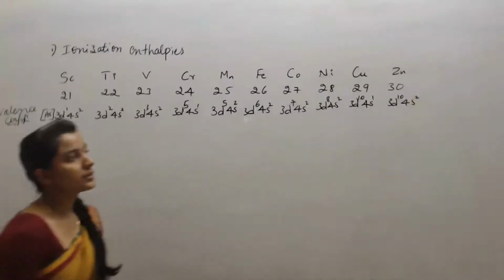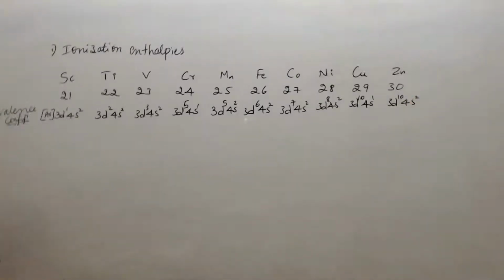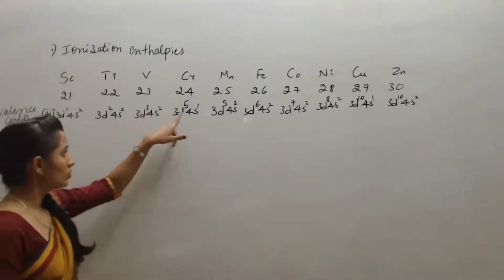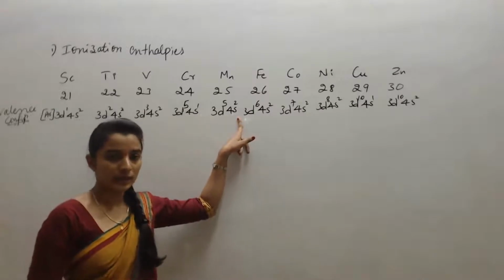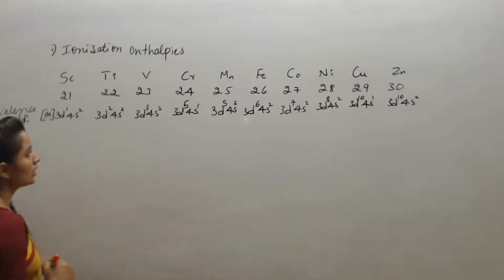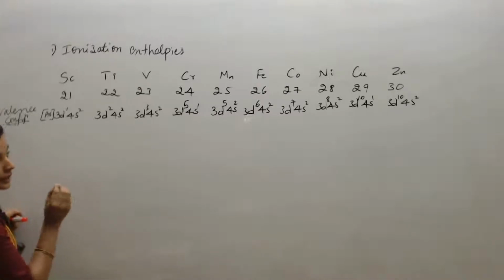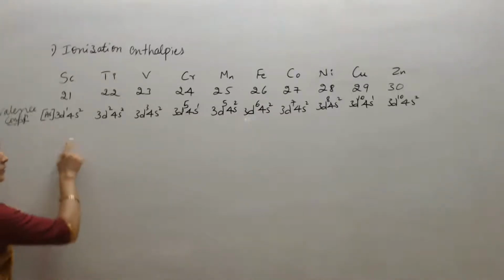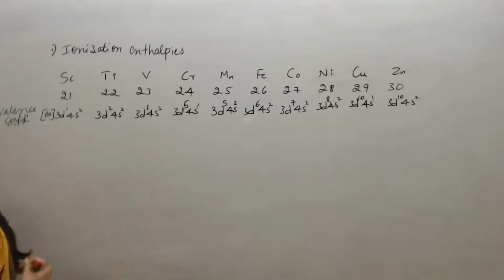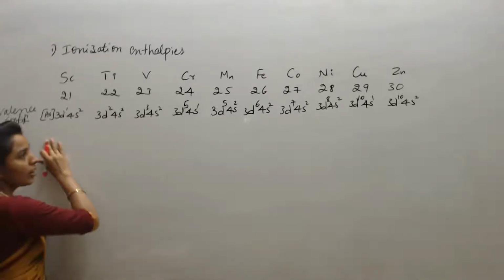So students, here what happens to the ionization energy of the first electron? Listen, here 2, 2, 2, 1, 2 electrons are there in the 4s orbitals. As I told you, the periodic trend for first ionization energy keeps on increasing along the period.